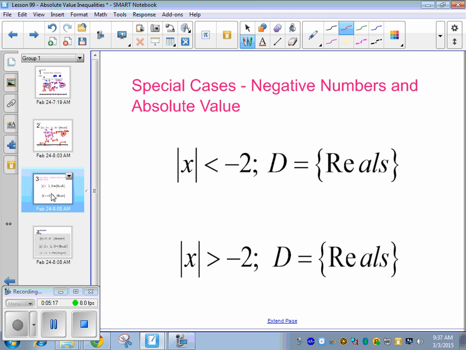So what are some numbers that are less than negative 2? Negative 3, negative 4, negative 5, negative 6. Can the absolute value of anything be a negative number? No. So the only solutions would have to be negative, but the absolute value makes everything positive. So what does that mean? No solution. You can put this symbol, which also means no solution, the empty set. Or you can put no solution.